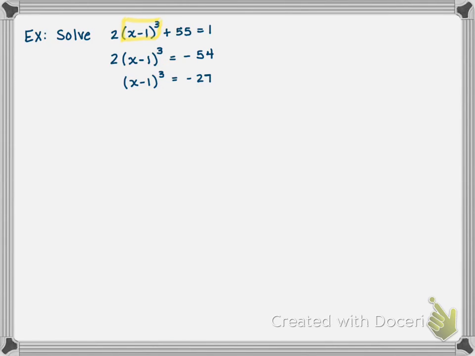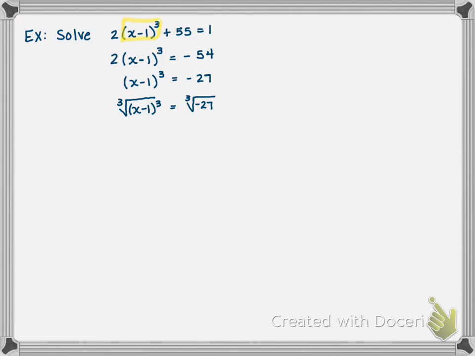How should I undo that exponent of 3? Yeah, we can take the cube root. So just like last week when we wanted to undo the cube root, we raised both sides to the third power. We're just doing that in reverse. So we have the cube root of (x minus 1) to the third equals the cube root of negative 27.